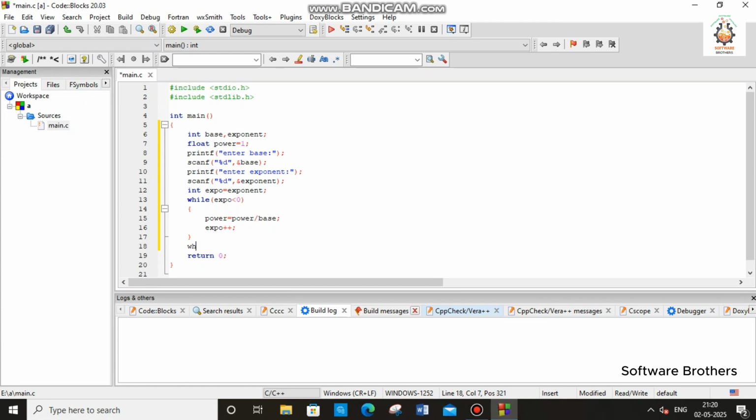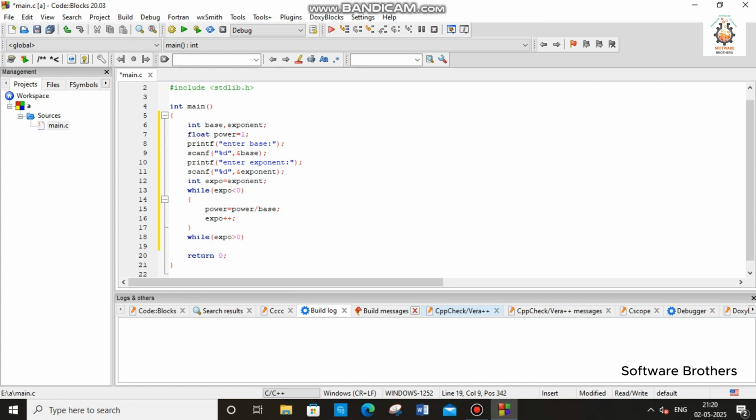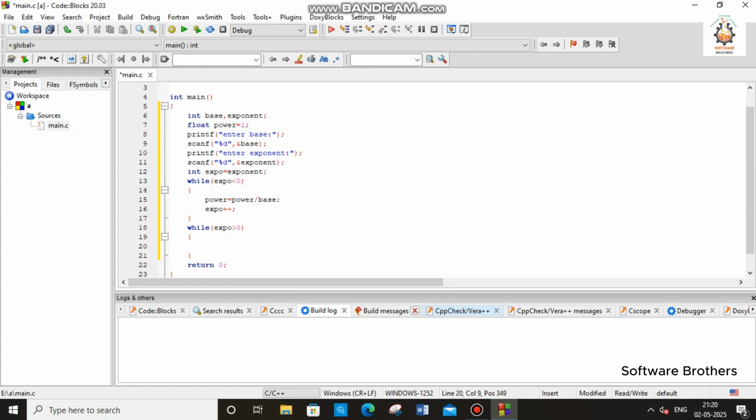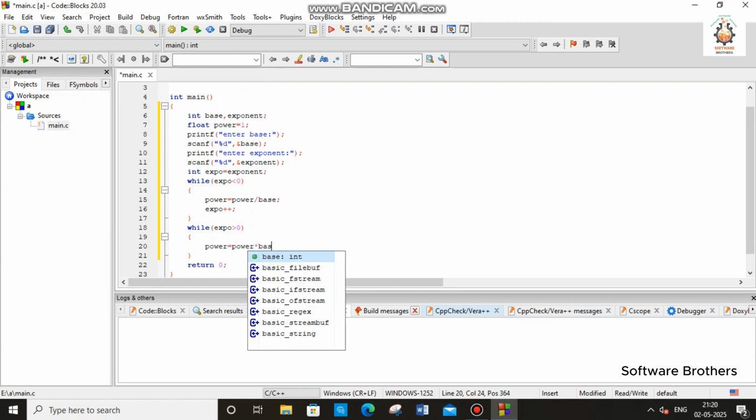While our expo is greater than 0, and once again we should include another curly braces over here, and inside this bracket we should include our power, which is power multiplied by our base.